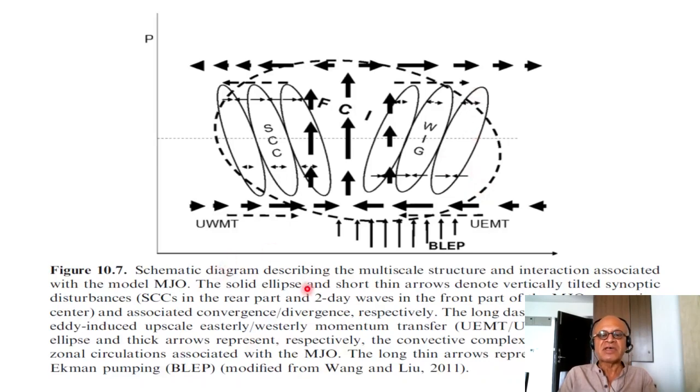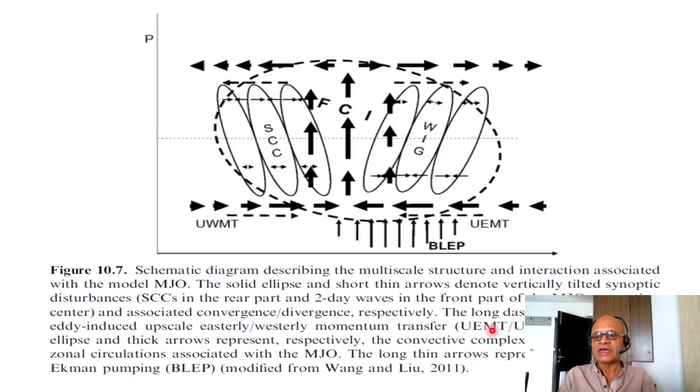So the schematic diagram is basically describing the multiscale structure and interaction associated with the model MJO, which we are dealing with here. The solid ellipse and the short thin arrows denote vertically tilted synoptic disturbances. So SCSs are in the rear and the two-day waves in the front of the MJO convection center, and associated convergence and divergences respectively, obviously.